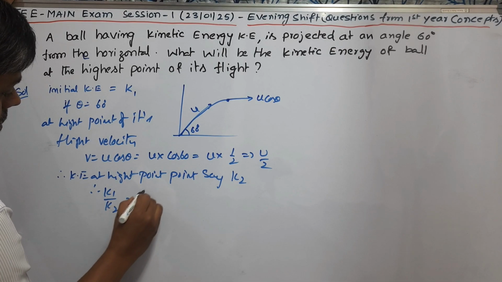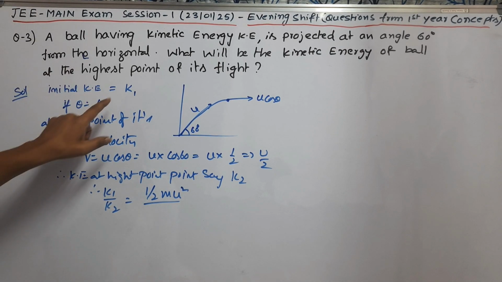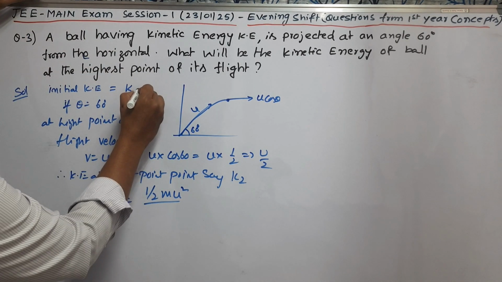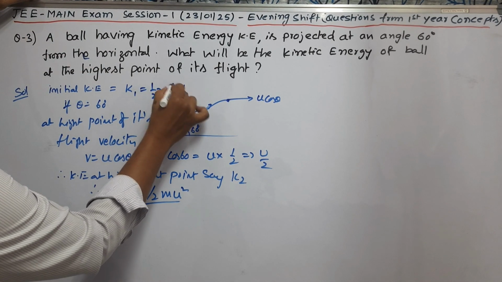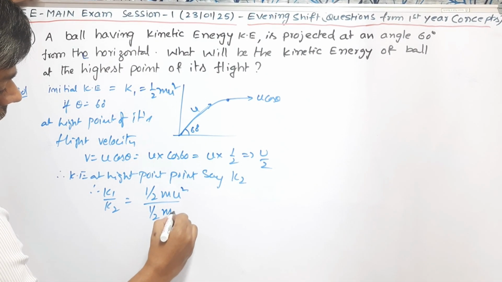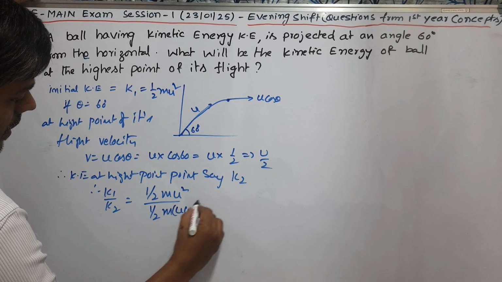What is being asked? K1 by K2. K1 is half m u square, the initial kinetic energy before projection. K2, after projecting, is half m (u cos theta) square.